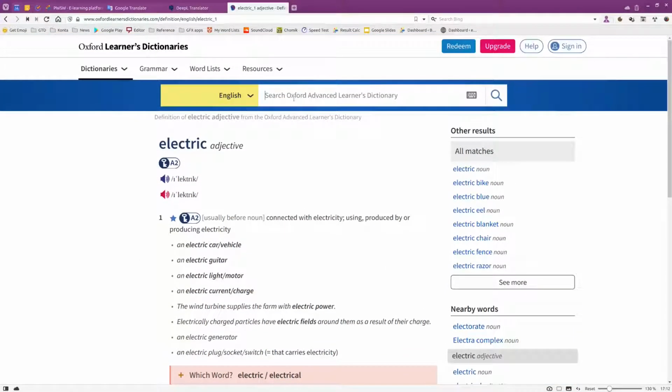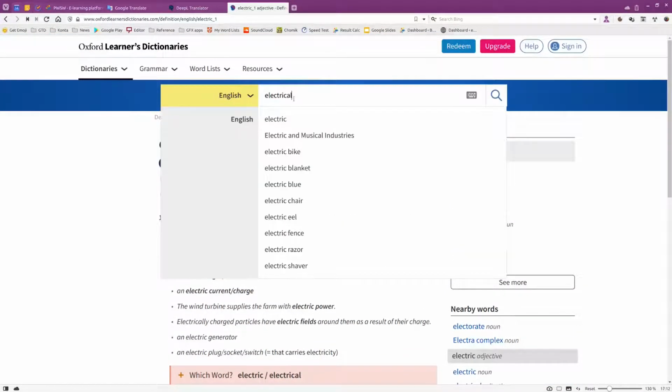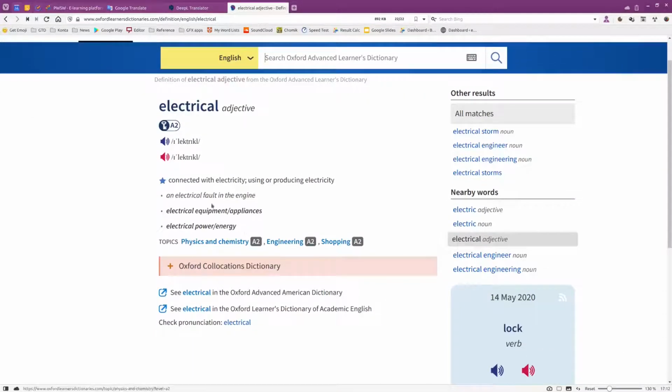So what about electrical then? Connected with electricity, using or producing electricity. So the definition is very similar. But you can look at the collocations here. Electrical equipment, electrical appliances. And these are in a bold font. So that means they are collocations, they are common phrases. Electrical power, electrical energy.